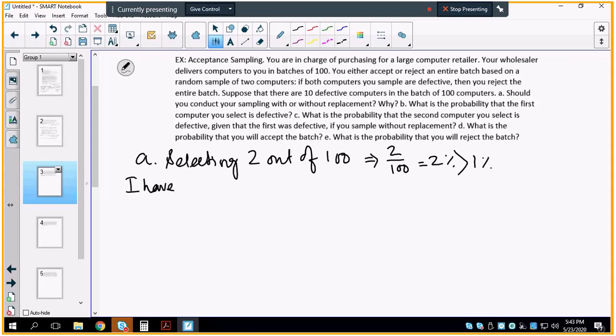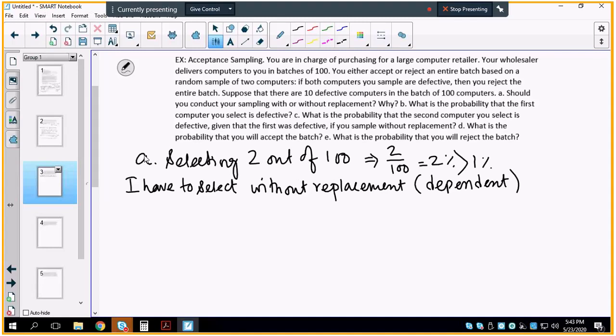It cannot be independent. So I have to select without replacement. And that means it is a dependent selection, so we should be a little careful. Cannot directly multiply everything.